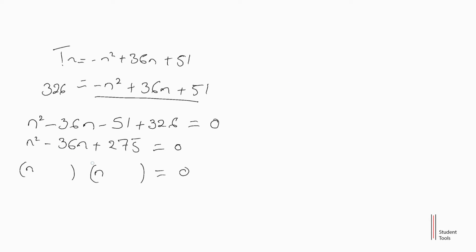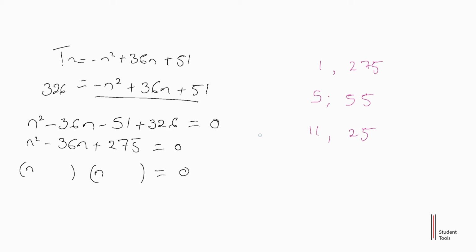So we have to find the factors of 275. So first we have 1 and 275. Next we have 5 and 55. Do we have more factors? Yes, we have 11 and 25. So these are the factors of 275.